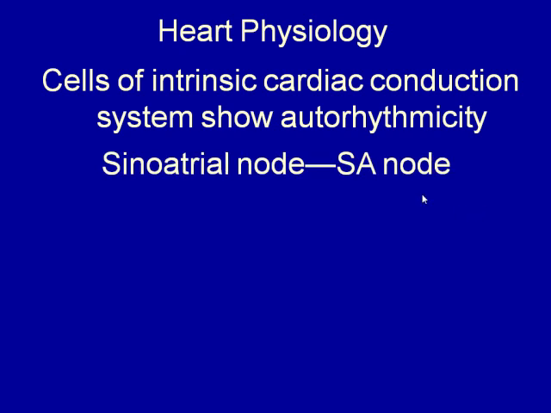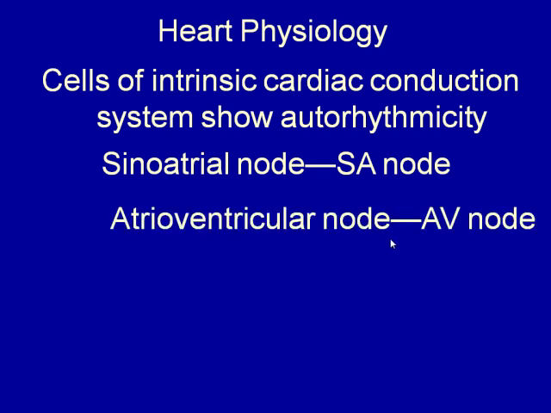One cluster of these cells is found in the back of the right atrium, and it's called the sinoatrial node. Then sort of at that crosshairs where the atria and the ventricles all come together, we have another little cluster of these autorhythmic cells called the AV node.